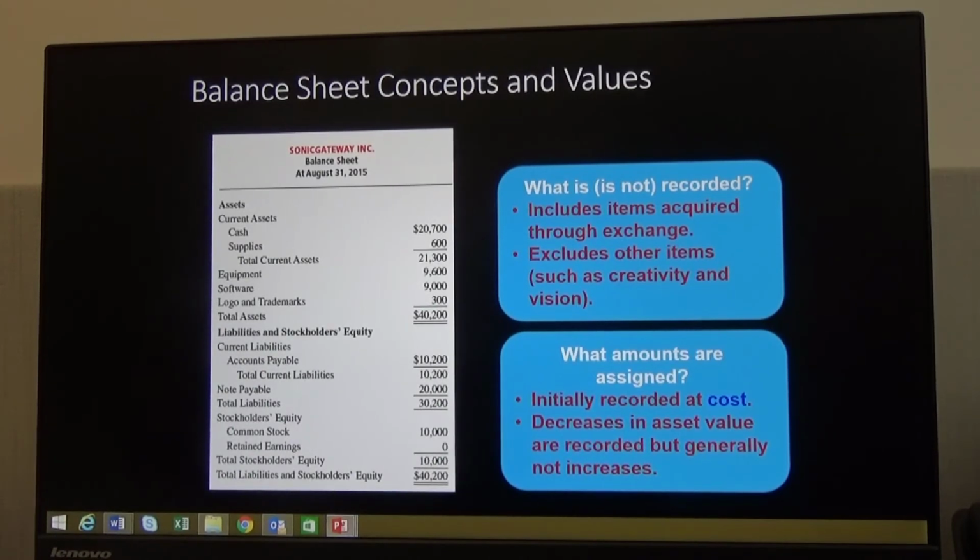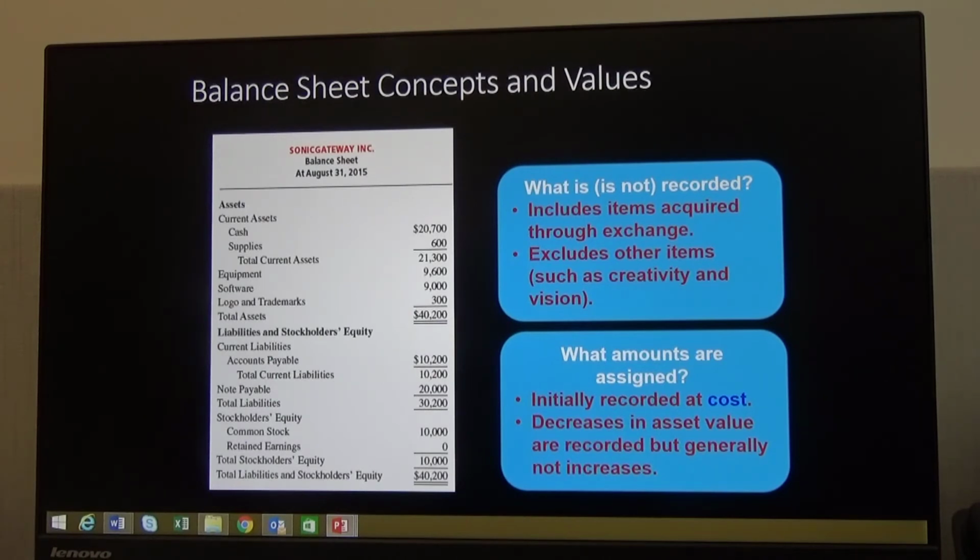We talked a little bit about this last Thursday. And we said that the assets have to be recorded at their cost value. Even if the value of that asset goes up, we're not allowed to put that increased value on our balance sheet.